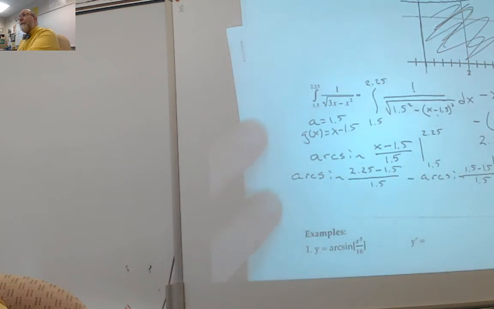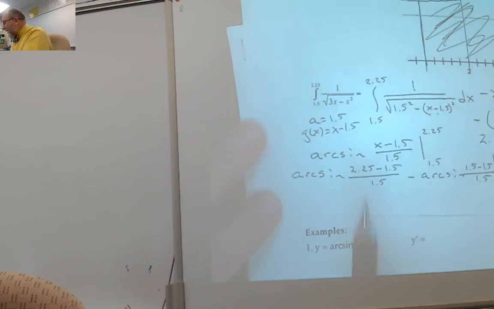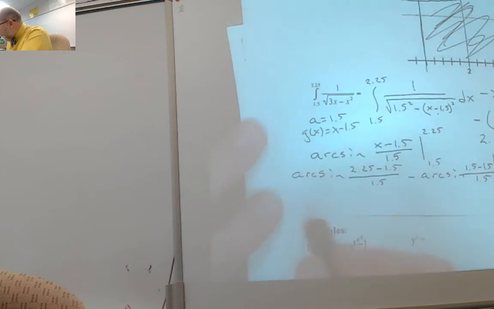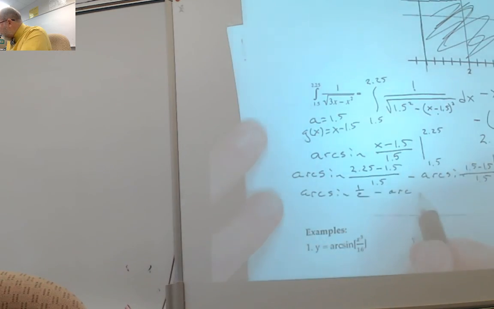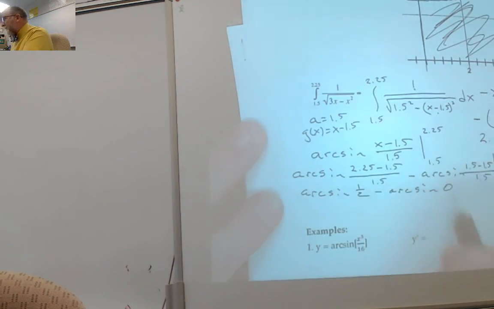You leave a tip then. Okay, good. So, do you see where I get 0.75 over 1.5? What does that simplify to? 0.75 is how much of 1.5? A half. So this is the arc sine of a half minus the arc sine of 0.